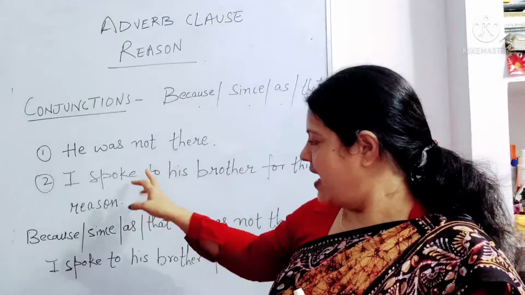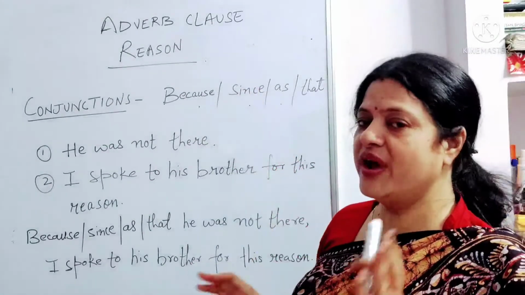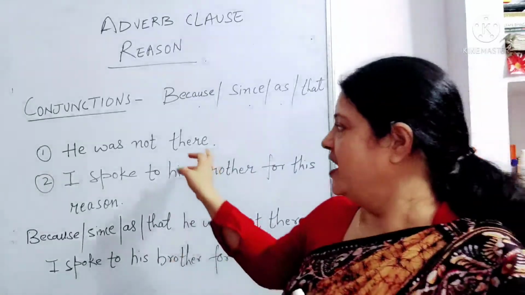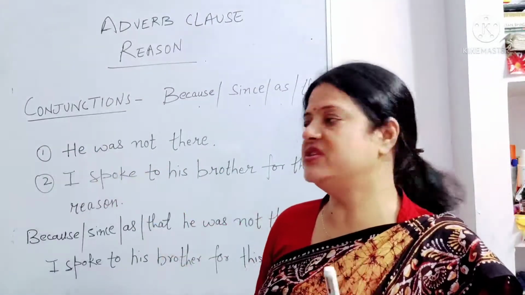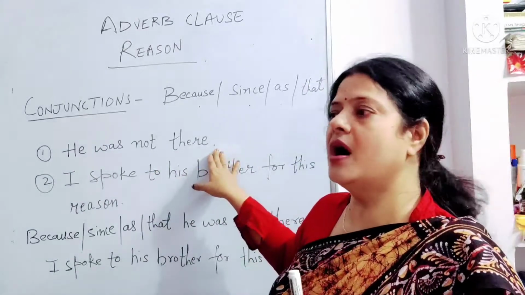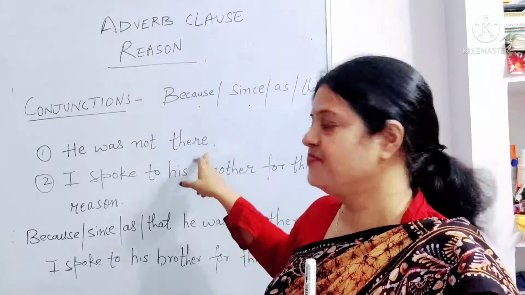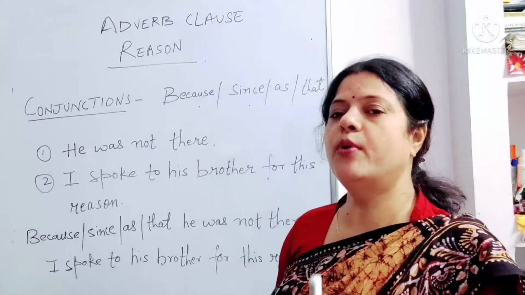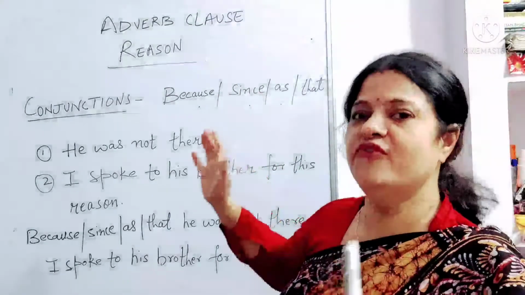Now when I add any one of the conjunctions in front of this sentence which is showing the reason, it will become a clause. It is no more a sentence. It will become a subordinating adverb clause of reason.